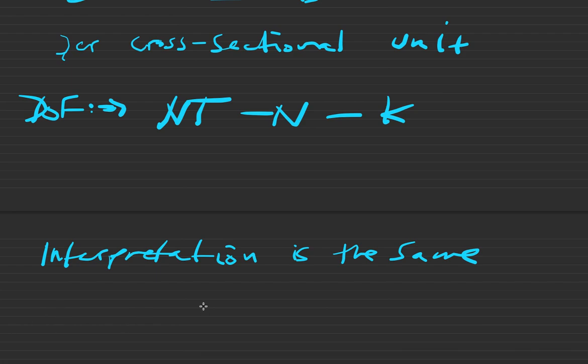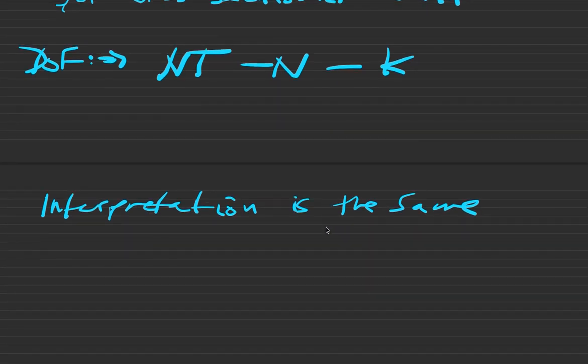There are other nuances of using the fixed effects estimator. R squared is an imperfect goodness of fit measure.